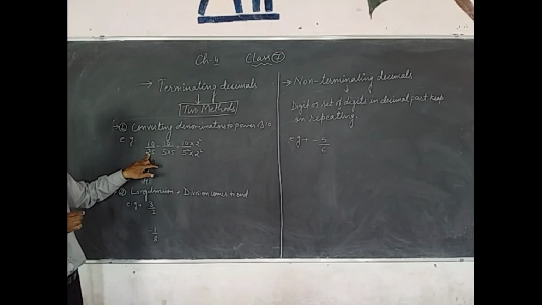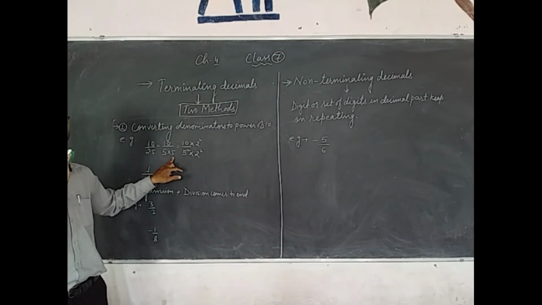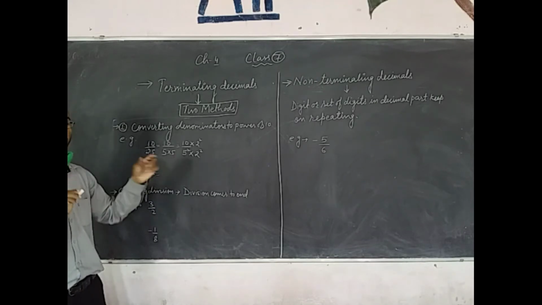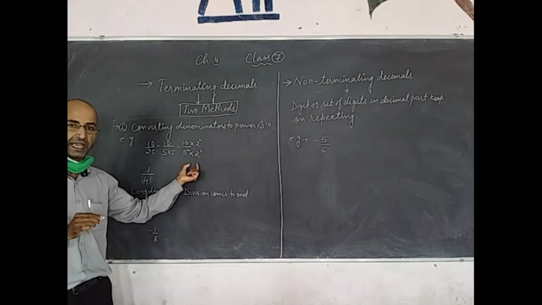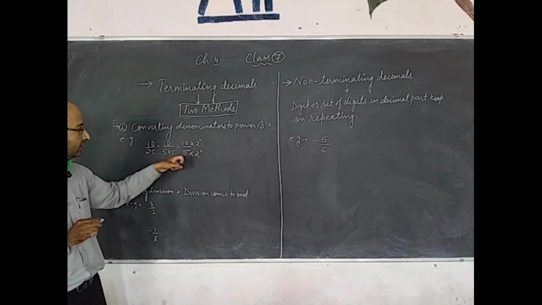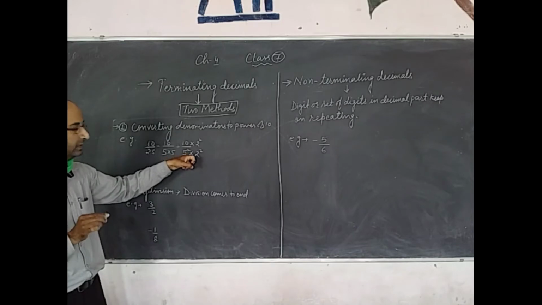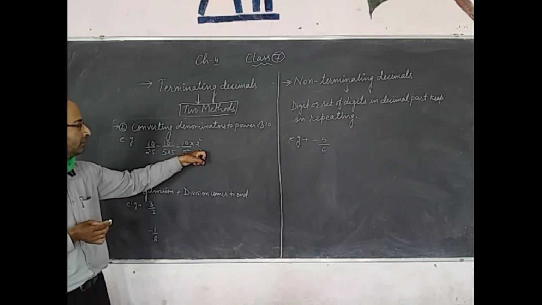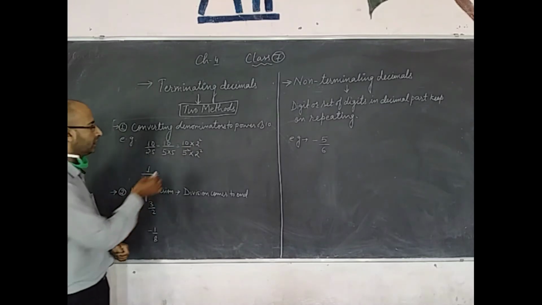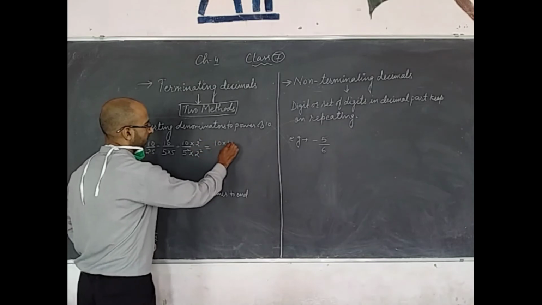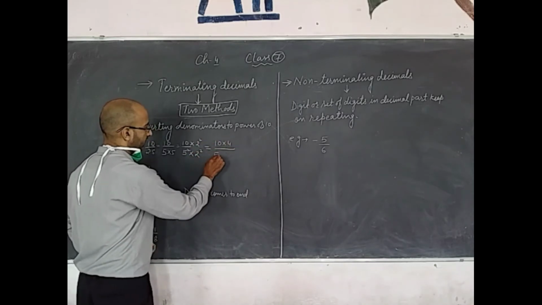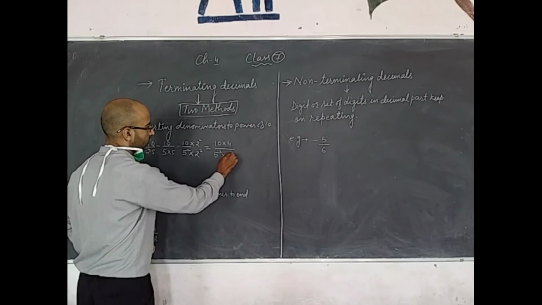And here, when you factorize 25, you get only the term 5. So to make the denominator a base of 10, our required number is 2 to the power 2, and we multiply it in the numerator and denominator both. Now see what happens. In the numerator it will come 10 into 2 square, which is 4, upon 5 square multiplied by 2 square.